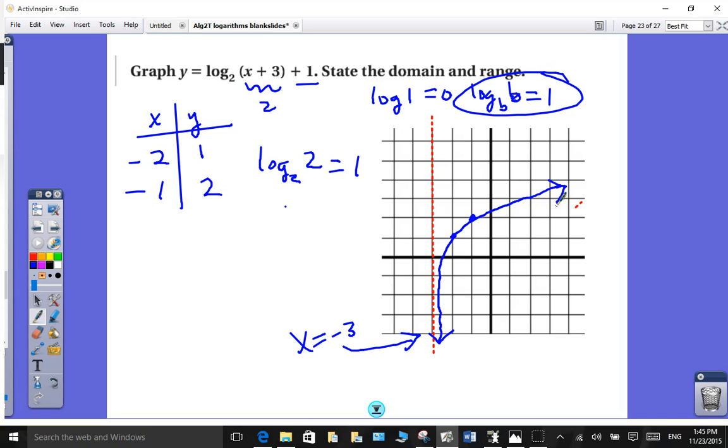Okay, now try to graph that in your calculator. This is important. I want you to graph this. Right, log base 2 of x plus 3, plus 1.